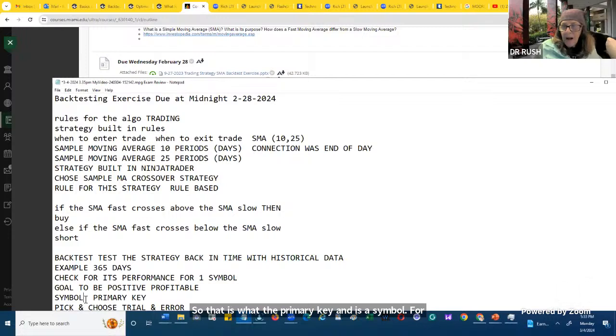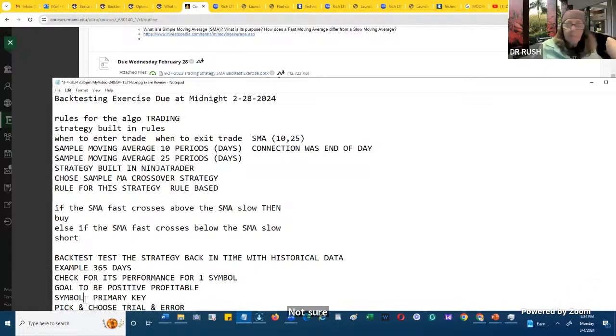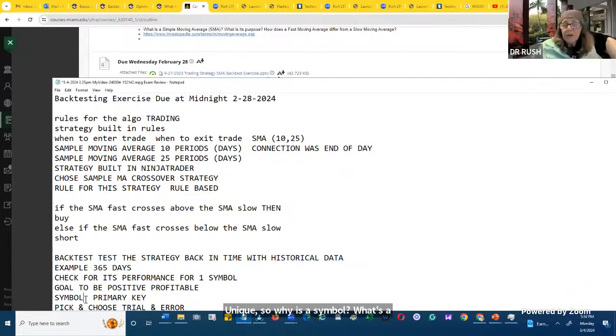Then if I think about it, Zachary, that symbol is a primary key. Why is that considered a primary key? I'm not sure. What's a primary key? Did you look it up? Something unique, because no one else has the name. Unique. So what symbol did you use for your homework, Zachary?